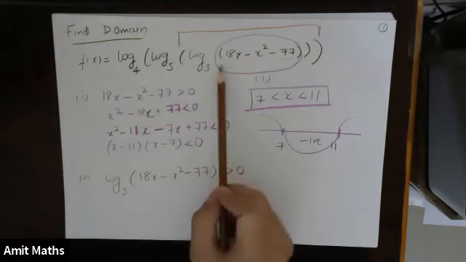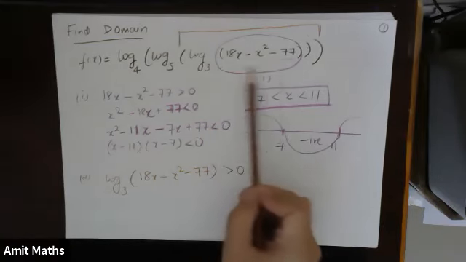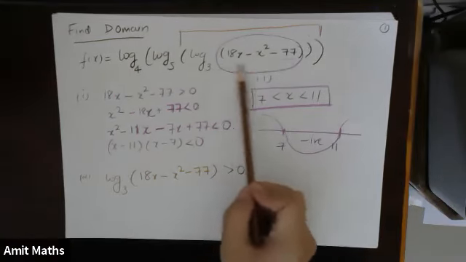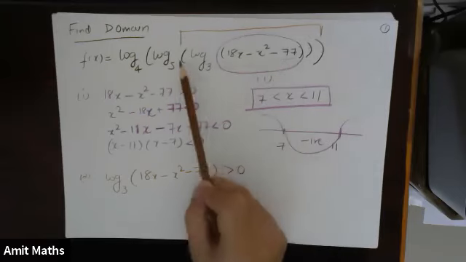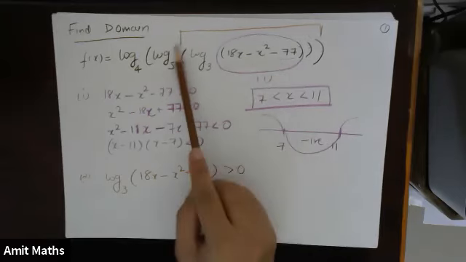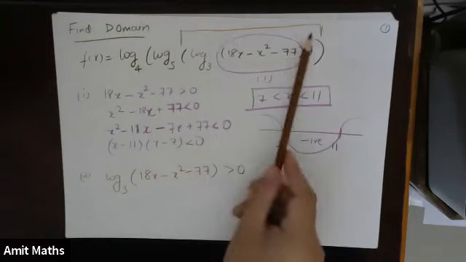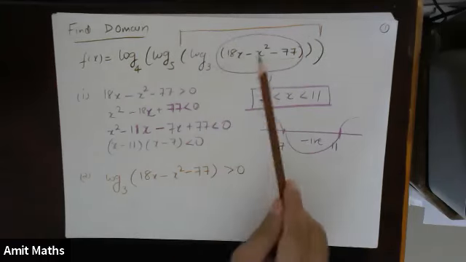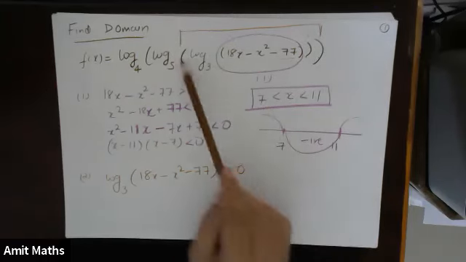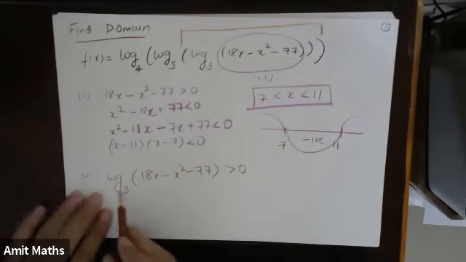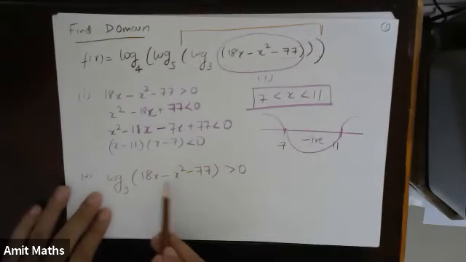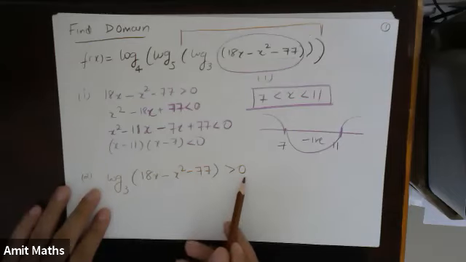First, we moved from the innermost part, which has to be greater than 0. Then we moved to the next part, which has to be greater than 0 as well. From here we find a new condition. This is log base 3 of 18x minus x square minus 77 greater than 0.